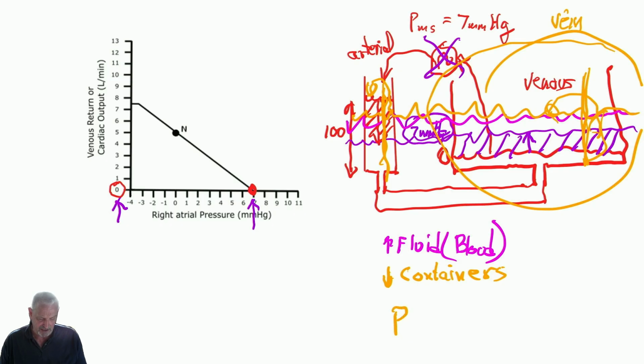So now we can think about the things that affect mean systemic filling pressure as being the blood volume that you have in a patient relative to the size of the blood vessels.